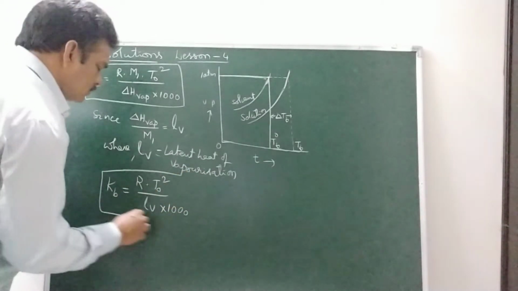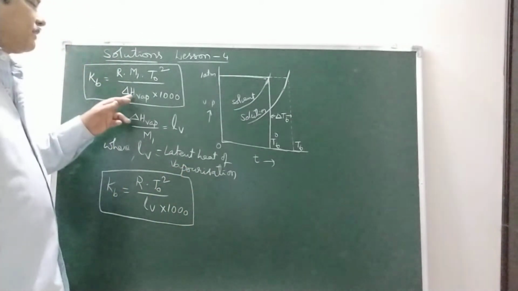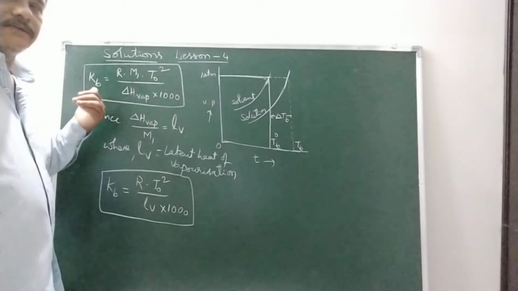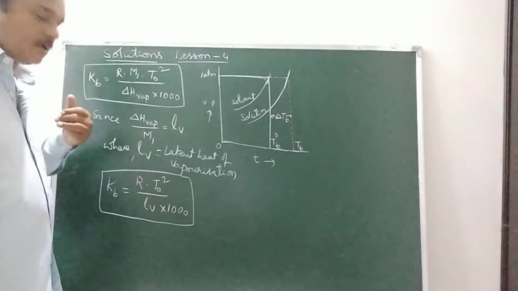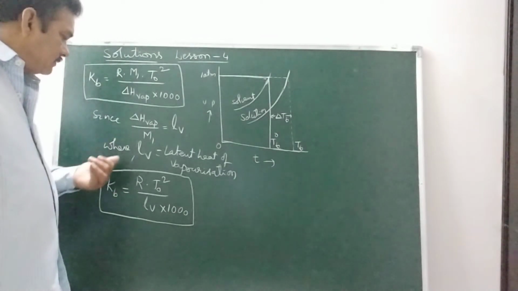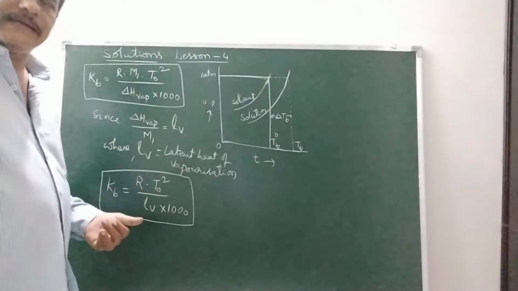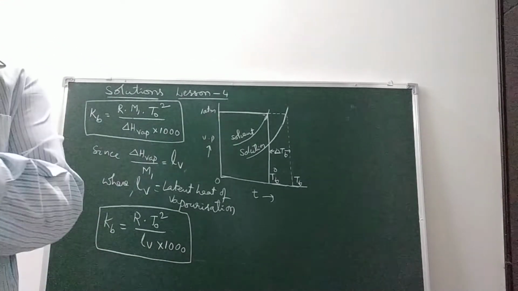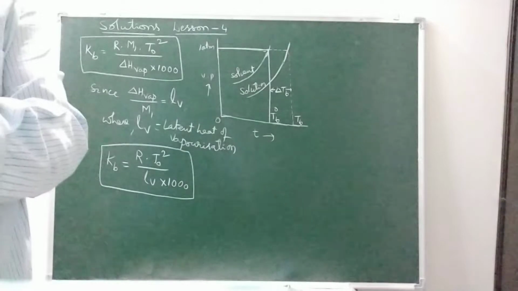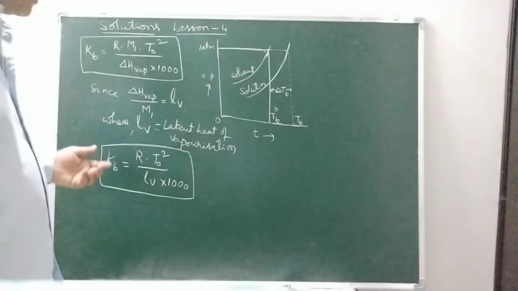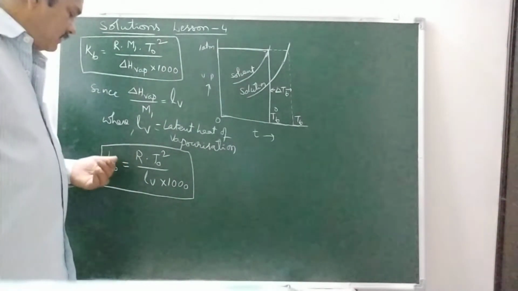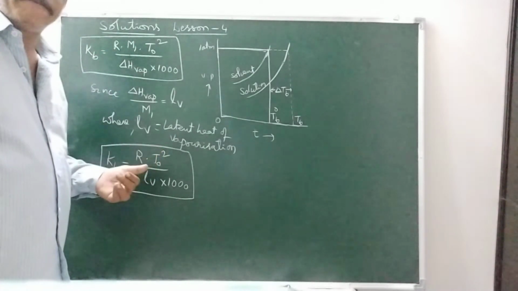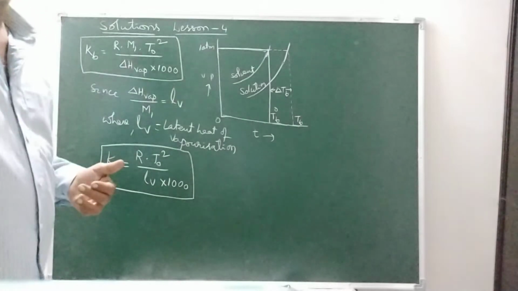So if enthalpy of vaporization and molecular weight are given, we can calculate the Kb value using this formula. If LV, the latent heat of vaporization, is given, then we can calculate the Kb value using this formula.